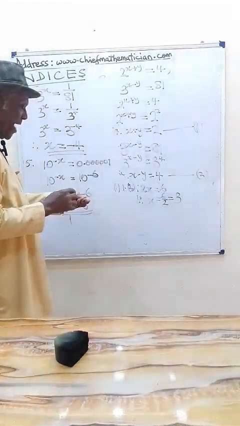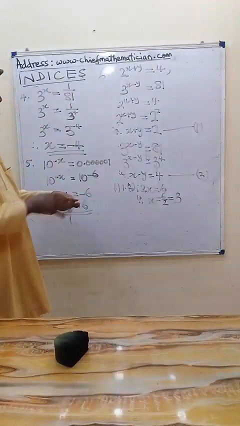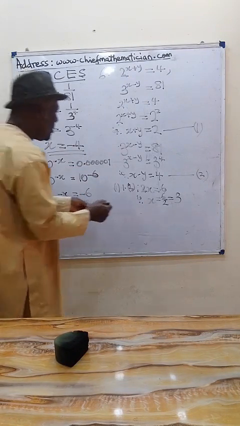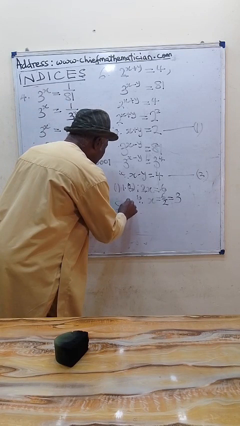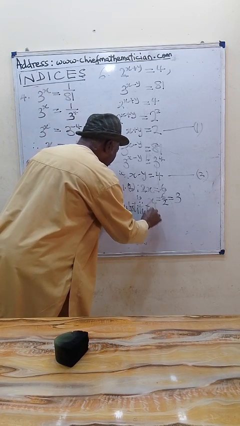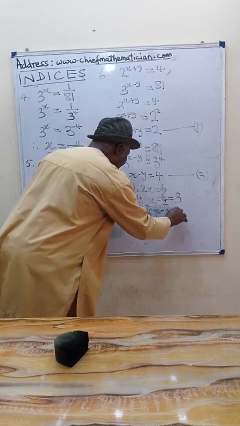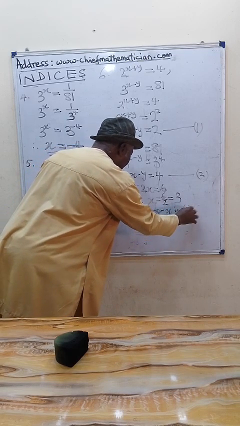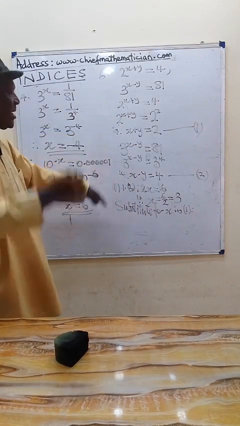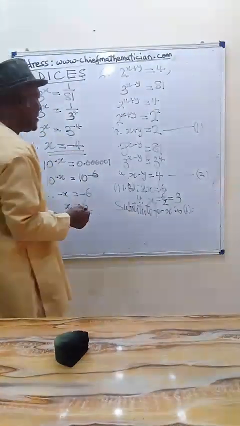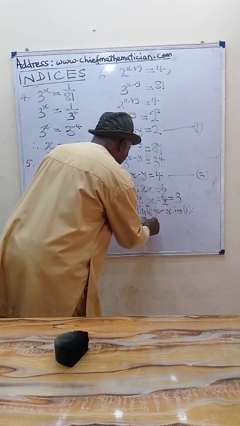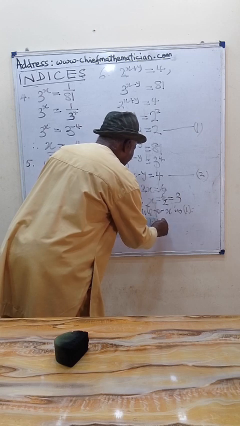Now, if x is equal to 3, we can substitute for x in any of the equations. Substitute for x in equation 1. That is, go to equation 1, where you see x, put 3 there. You will now get 3 plus y is equal to 2.